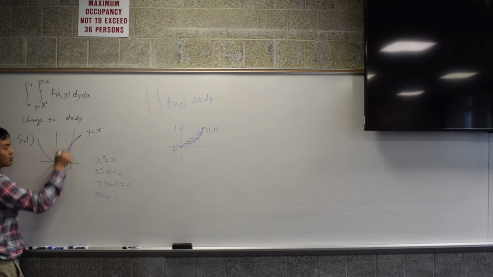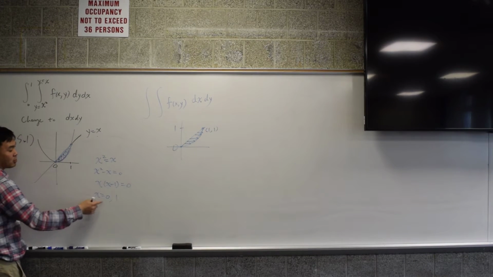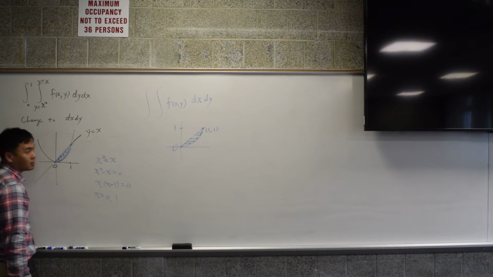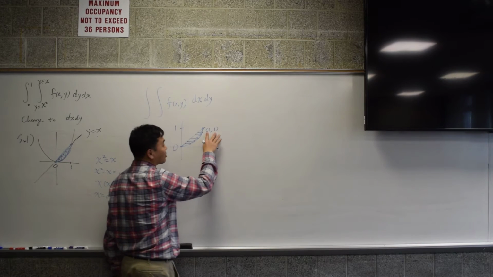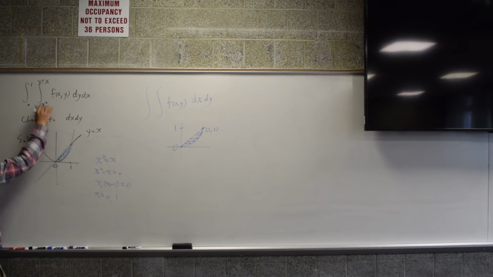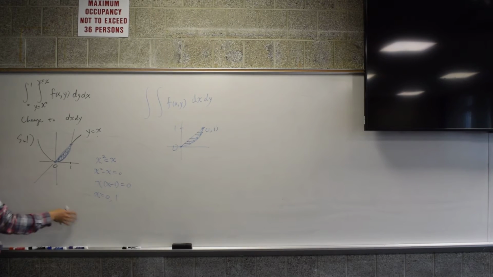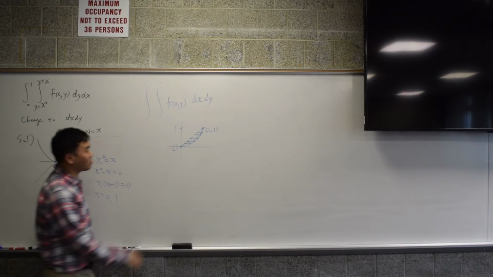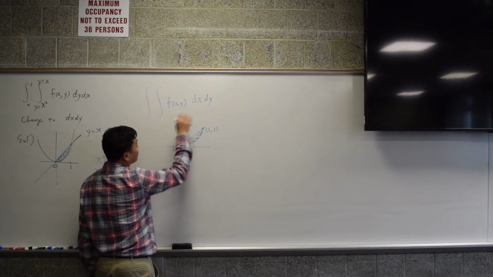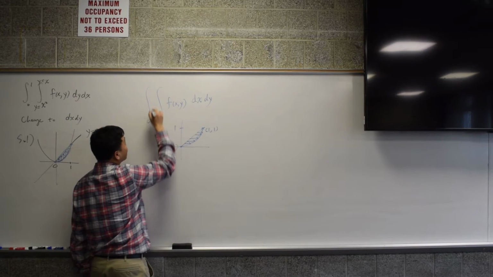So they meet at 0, they meet at 1, and if you plug in 0 and 1 into this function, you get 0, 0 and 1, 1. Right? So that's why I know that they meet at 1, 1. But usually for simple things like this, you don't even have to do all this work. Just know that that's where they meet. Okay? Alright, so 0 to 1 is your minimum and maximum value of y.